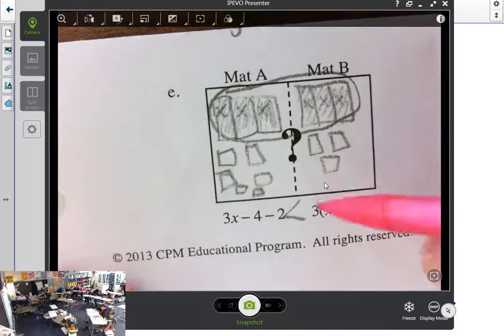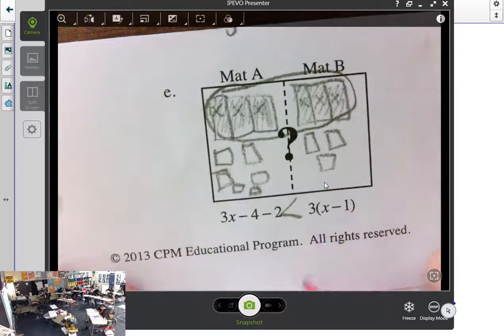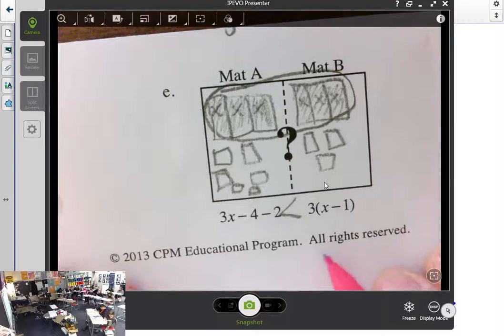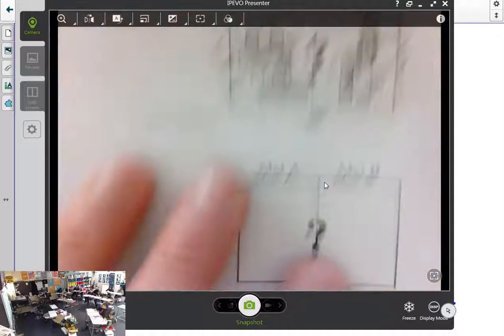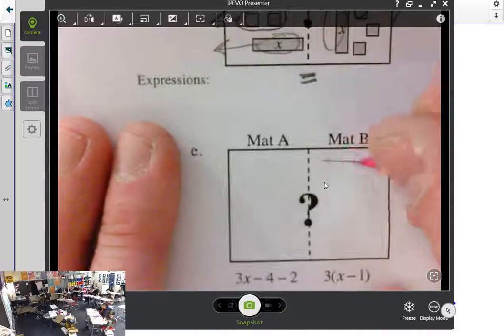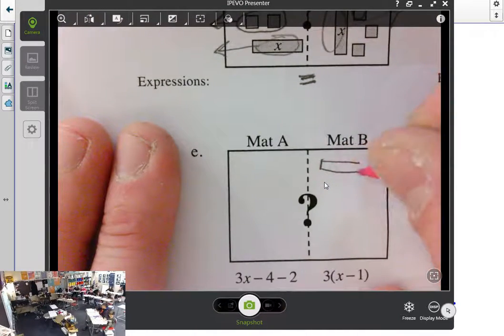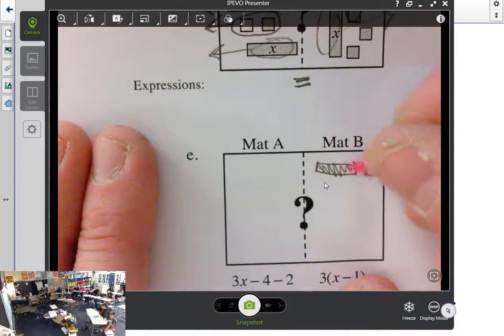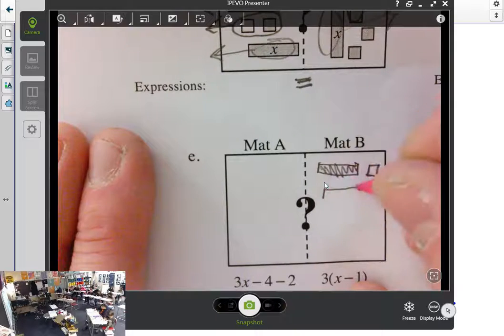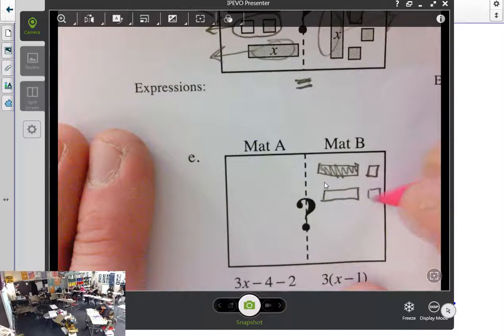The right side tells him he has 3 sets of X and a -1. So if I was actually drawing this, in my mind, I'm thinking, okay, an X and a -1. Okay, that's shaded. An X and a -1.